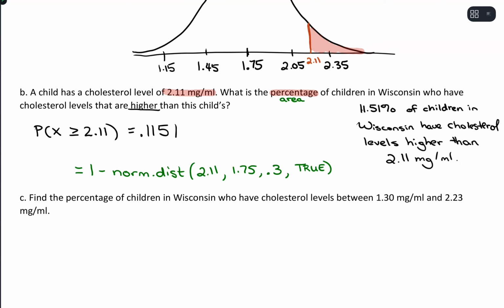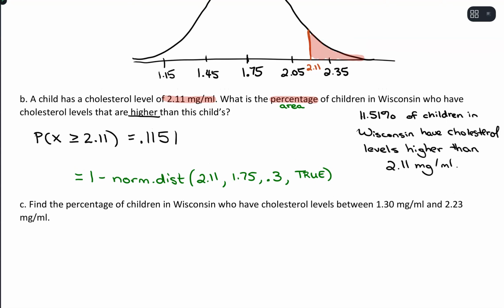All right. Find the percentage of children in Wisconsin who have cholesterol levels between 1.3 and 2.23. So we're looking between two values here. So let's see, 1.3 is the smaller, 2.23 is the larger. So in Excel, we're going to need to use a difference. So it always goes the larger minus smaller.